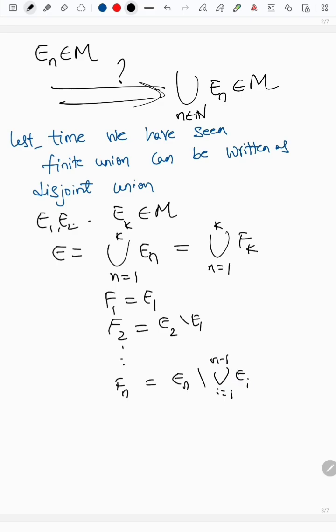In particular, F3 is equal to E3 minus E1 union E2.